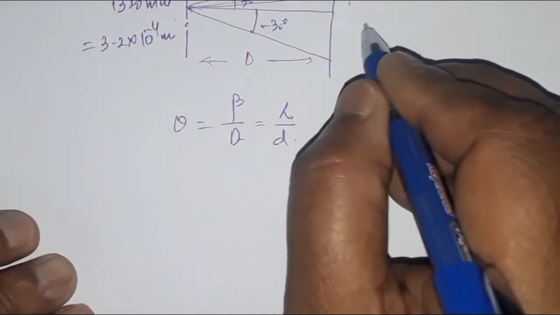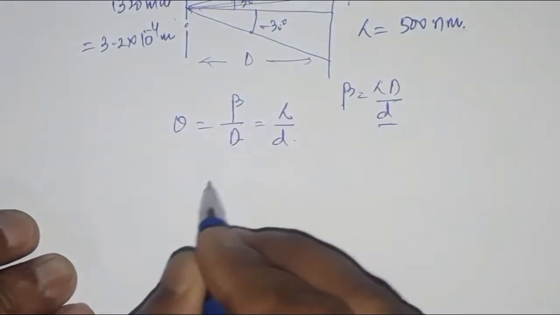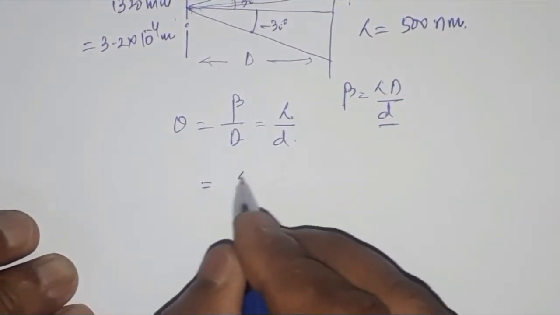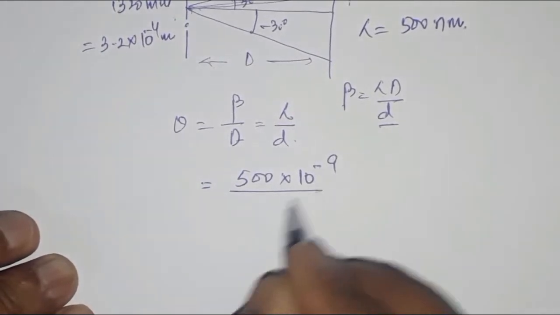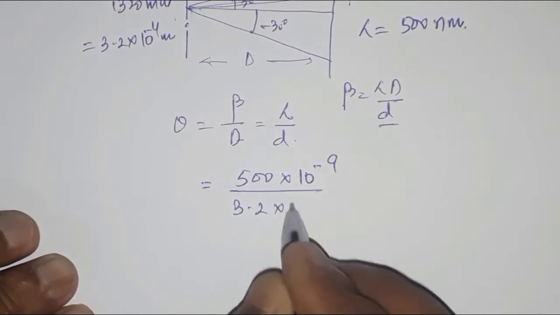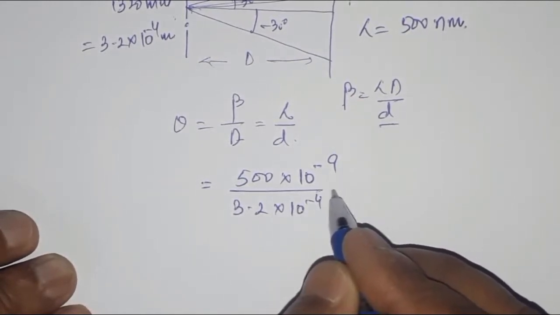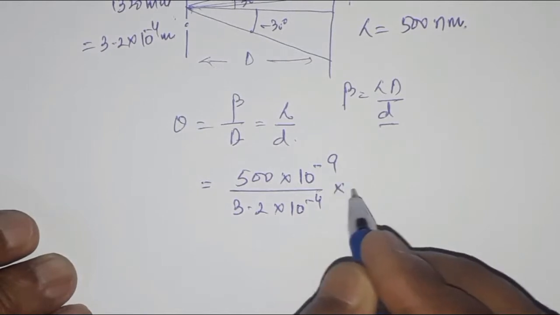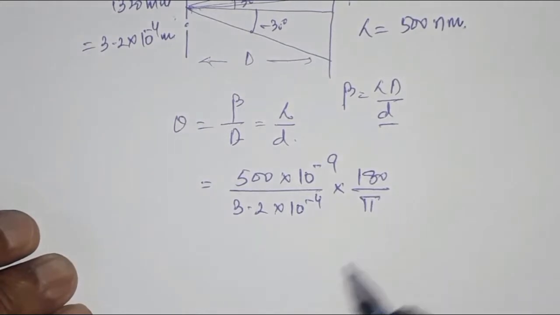So the lambda used here is 500 nanometer. So from here we can find theta: 500 into 10 raised to power minus 9, small d is 3.2 into 10 raised to power minus 4. These are in radian, so we have to calculate this in degree, that means multiply by 180 upon pi.